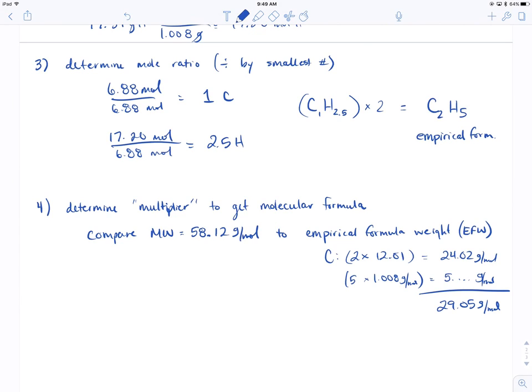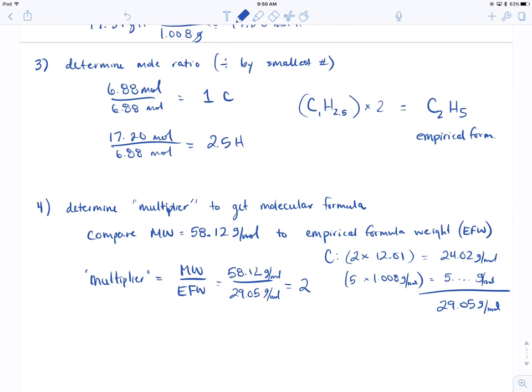So now I'll compare. The multiplier that we need is equal to the molecular weight divided by the empirical formula weight. So I have 58.12 grams per mole divided by 29.05 grams per mole, and that equals 2.